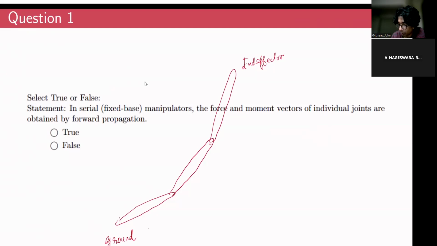And then we propagate due to the effect of the individual joints. Each of these joints will influence the velocities and accelerations of the end effector. So the cumulative effect imparted by each of these individual joints can be understood or derived using the forward propagation of velocities and accelerations.